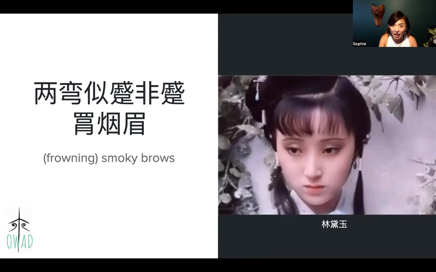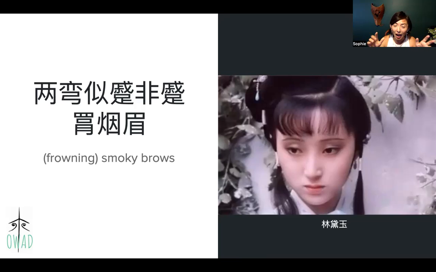And just look at the face. It's our 80s Chinese TV production crew's imagination of a female face of 300 or 400 years ago, right? So according to this line, 两弯似蹙非蹙罥烟眉, that's the visual depiction of the expression of the eyebrow and how it looks. It looks like smoke floating in the air. It's hard to catch, hard to put into an exact shape.